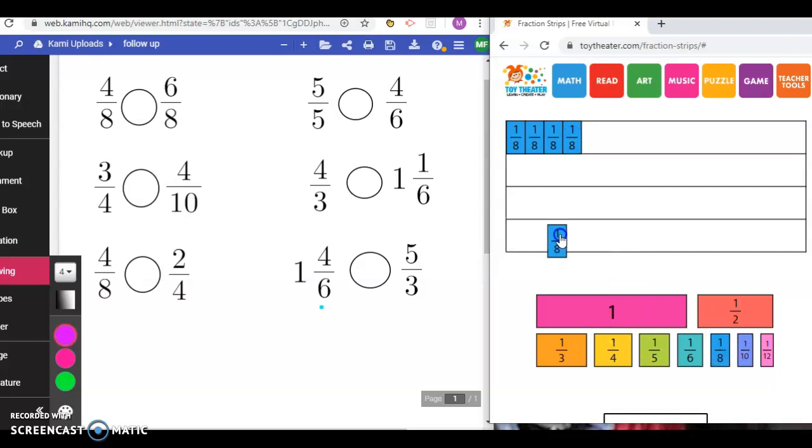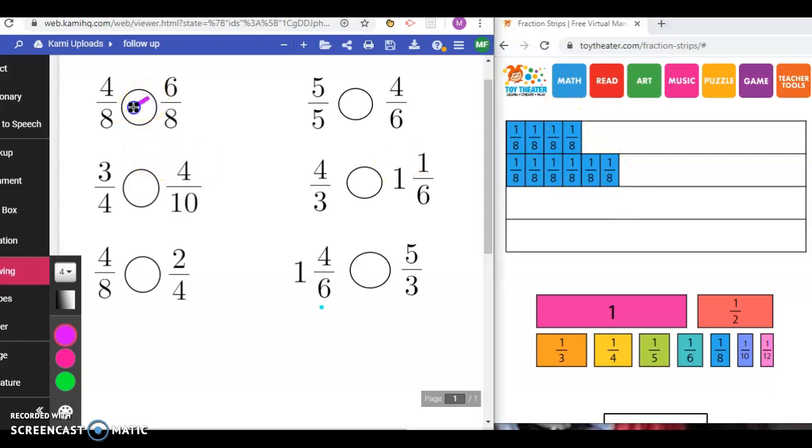And now we need 6/8. 1, 2, 3, 4, 5, 6. So 4/8 is less than 6/8. We put our symbol in.